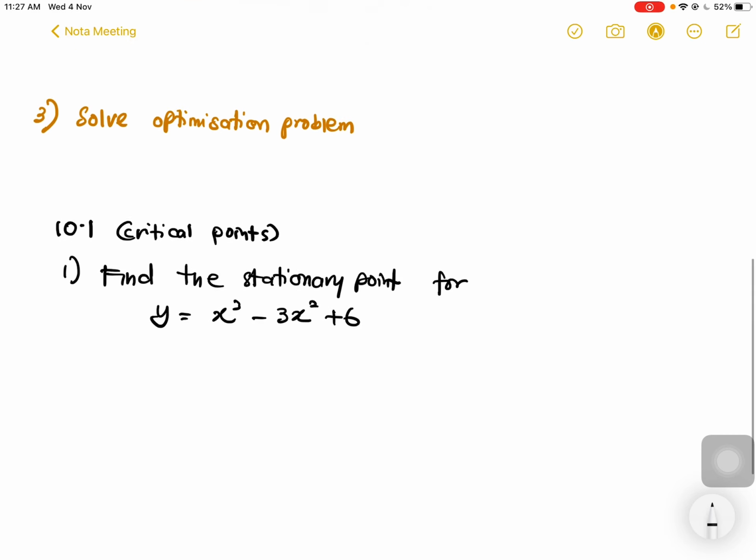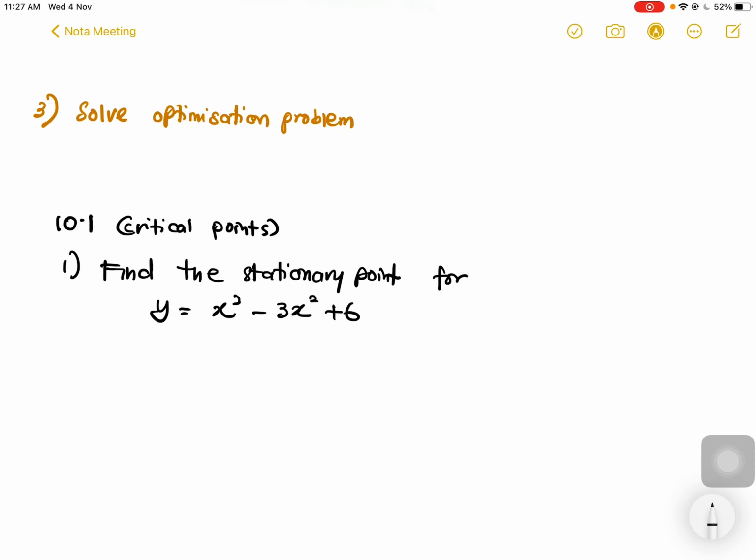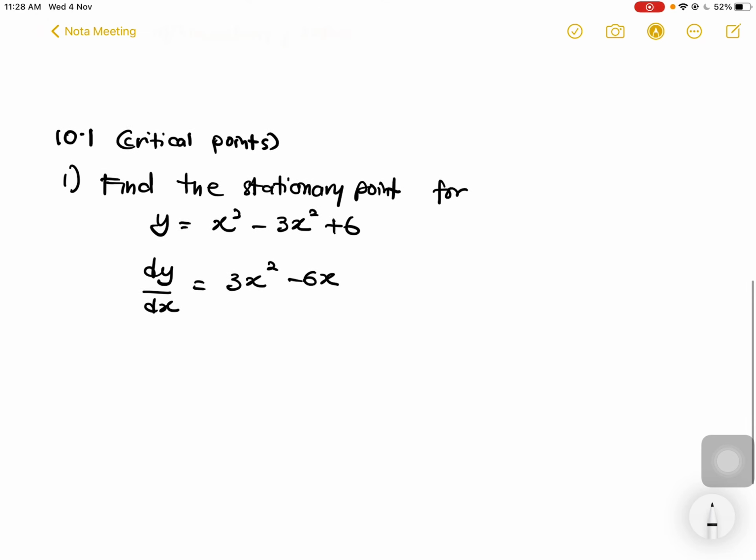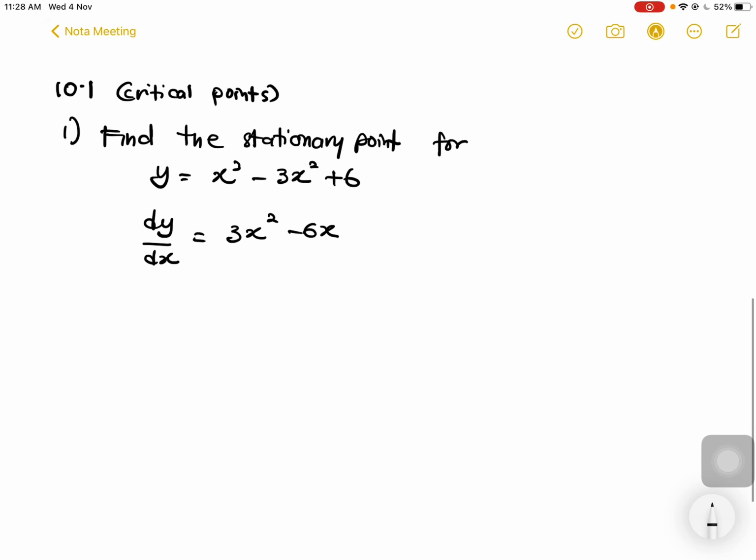So how to find the critical point? You have to differentiate. So dy/dx is equal to 3x square minus 6x. To find the stationary point, dy/dx is equal to 0.